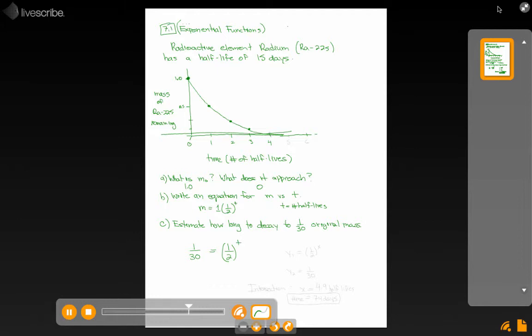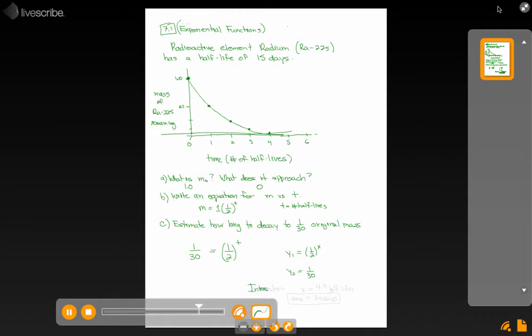You could graph y1 equals 1/2 to the power of x, graph y2 equals 1/30, with some reasonable window settings. My graph above would be okay, except I would need to go a little bit past 4. The window settings are shown on the graph. It would draw you a horizontal line, and what you'd be looking for is the intersection.